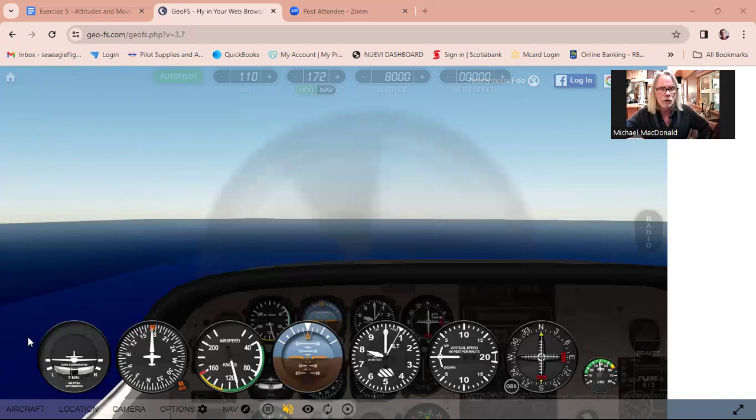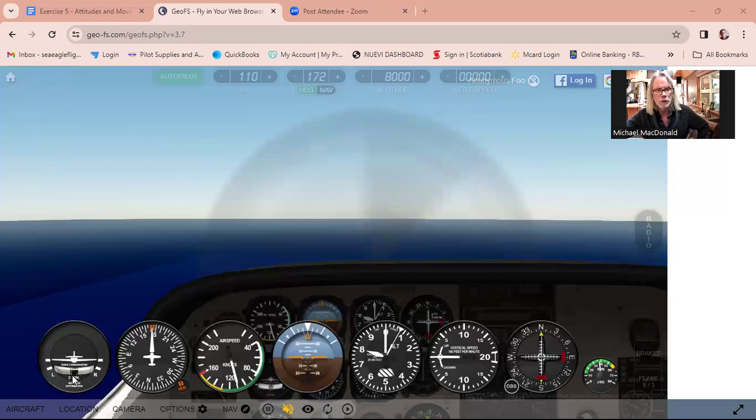And lastly, we have the turn coordinator. The turn coordinator is an interesting instrument. It's an electrically operated gyroscopic instrument, and it basically shows the rate of the turn. If we're turning left, then the left wing would bank down, or if turning right, the right wing would bank down. The more the wing is dropped, the greater the rate of turn.